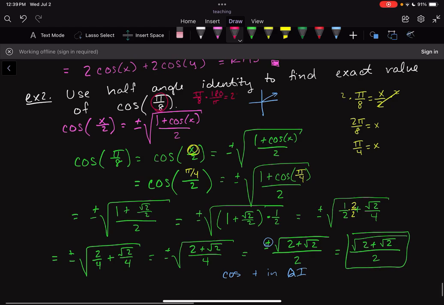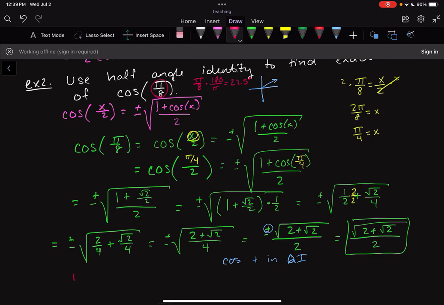So this would be 22.5 degrees. That might be a little hard to use the sum and difference identities with in its current form. So let's see, maybe it'd be easier to keep it in radians.